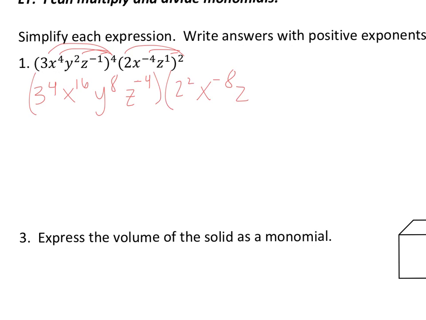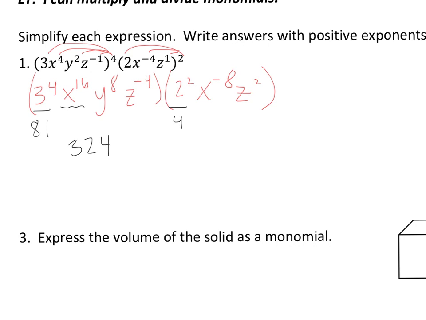Z to the 2nd. I'm going to combine my exponents with the same base, so my variables, and I'm going to combine my coefficients. So 3 to the 4th is 81, 2 squared is 4, and 81 times 4 is 324.